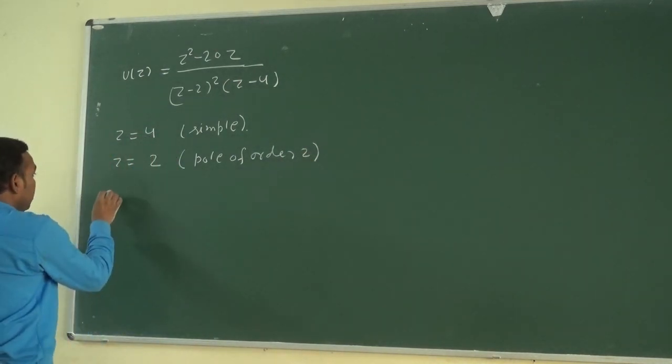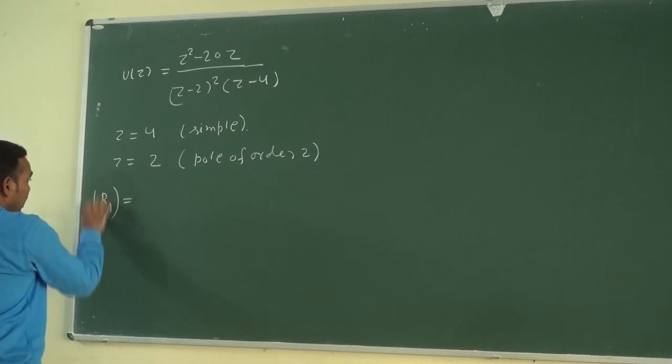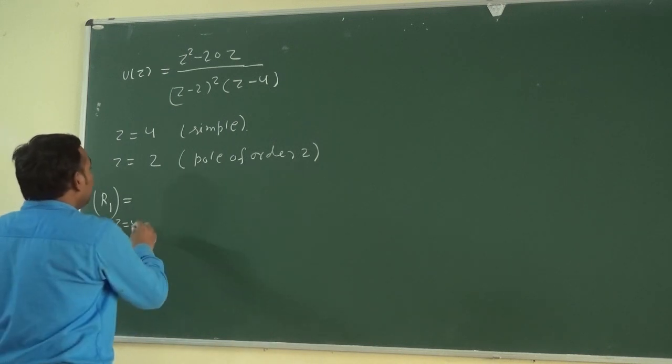So residue R1 at z equal to 4 is a simple pole.